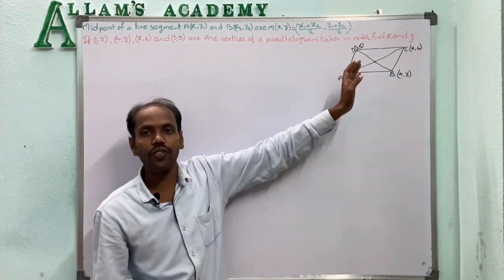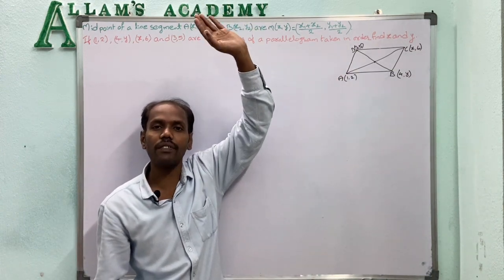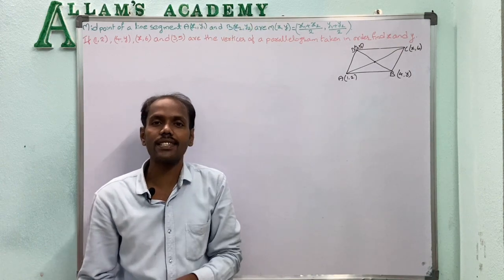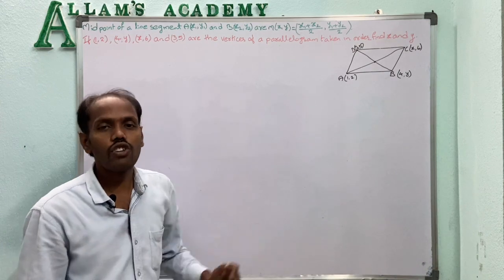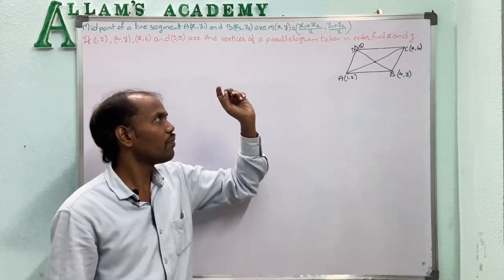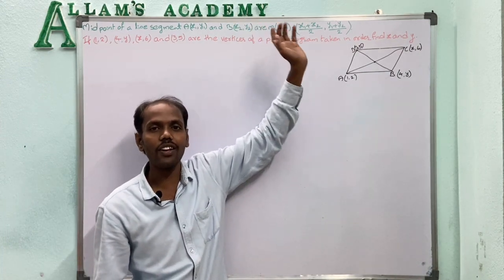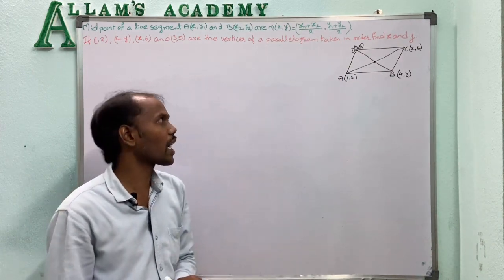The midpoint formula for A(x1, y1) and B(x2, y2) is ((x1 plus x2) by 2, (y1 plus y2) by 2). Now we use that formula to find the x and y values in this parallelogram.